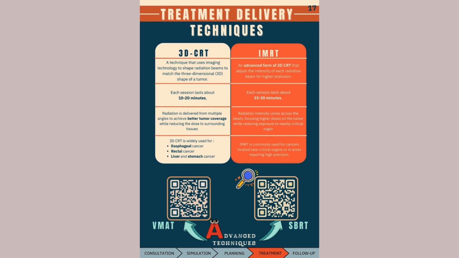The most common radiotherapy techniques used in GI treatment are three-dimensional conformal radiation therapy and intensity-modulated radiation therapy. Three-dimensional conformal radiation therapy is a technique that uses imaging technology to shape radiation beams to match the three-dimensional shape of a tumor, where each session lasts about 10 to 20 minutes.